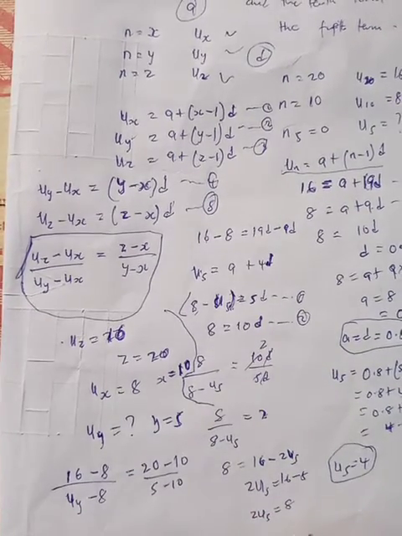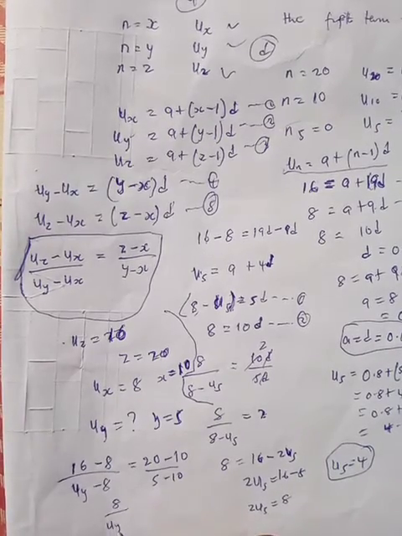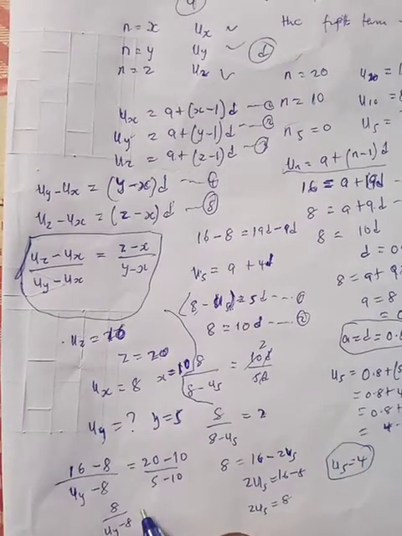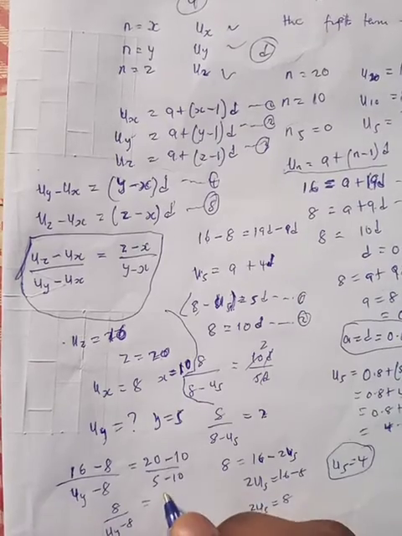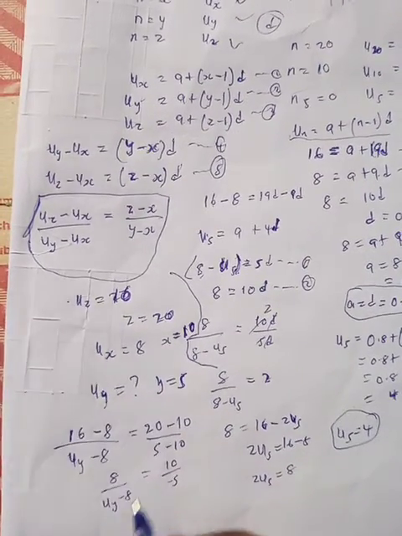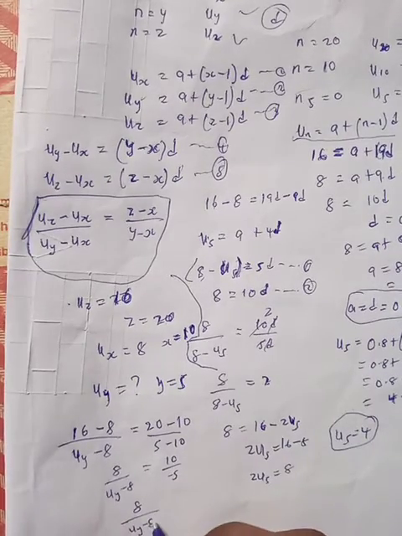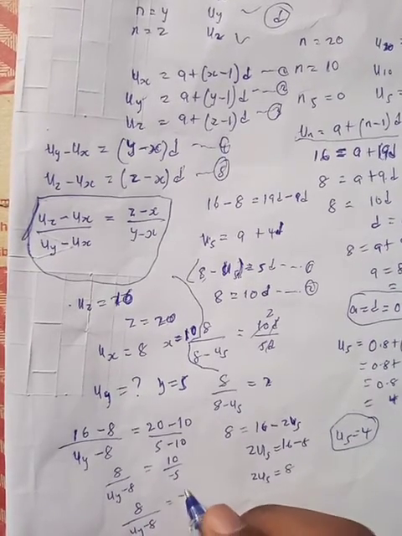So we'll now get 8 over uy minus 8 equals 10 over minus 5. 10 over minus 5 is minus 2, so 8 over uy minus 8 is equal to minus 2.